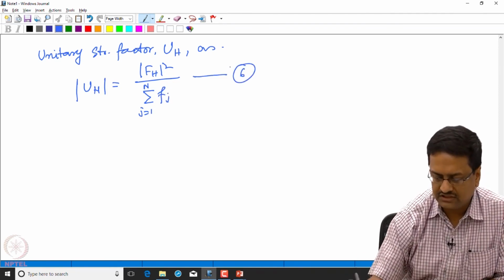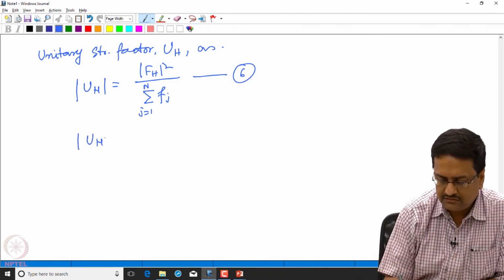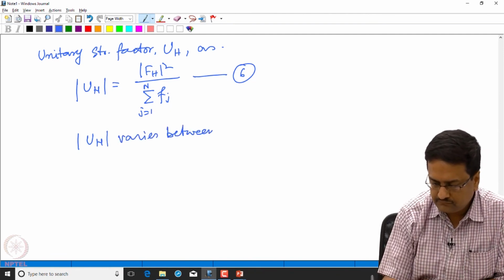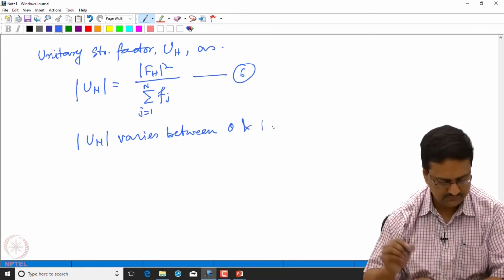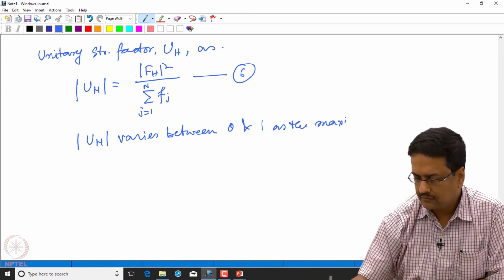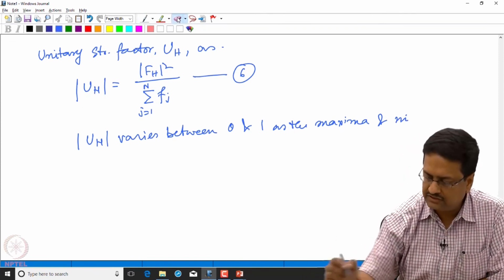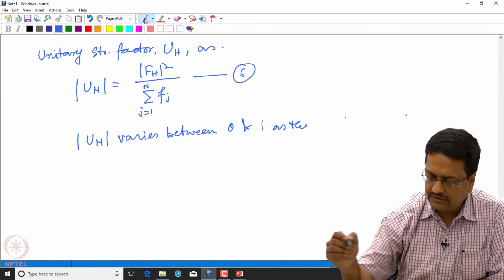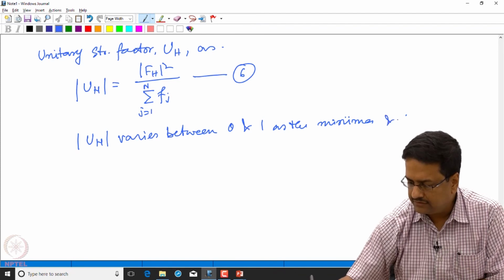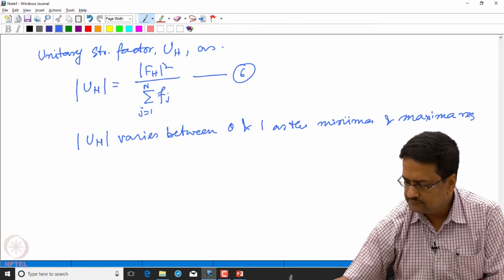We write it as equation number 6, and this mod U_H varies between 0 and 1, as minima and maxima respectively.